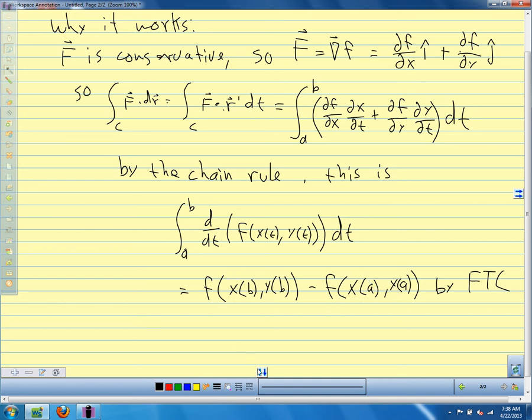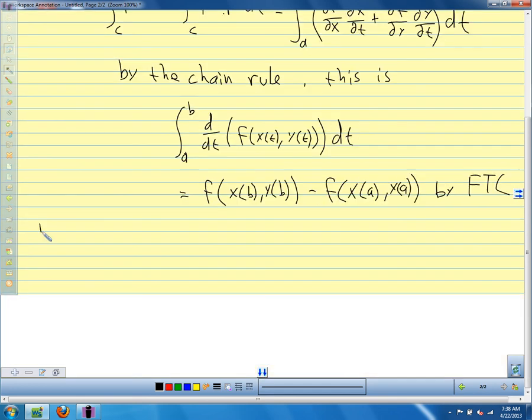So we end up with 0 work done, or our line integral evaluates to 0. So if A equals B, and that means we have a closed curve, the integral of F dot dr equals 0.